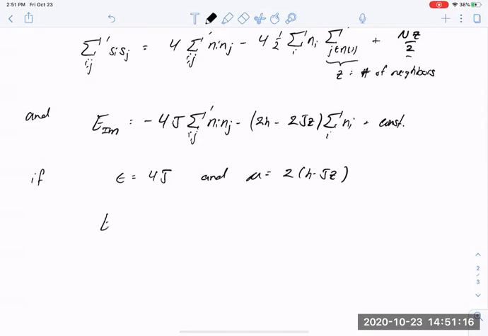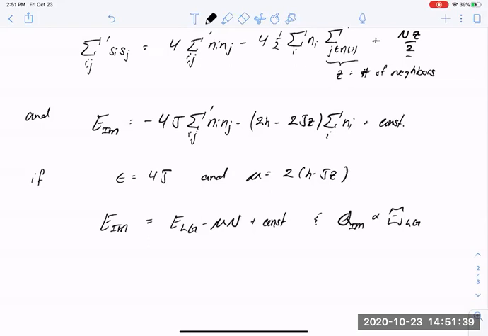The energy of the Ising model is equal to the energy of the lattice gas minus mu n, up to a constant, and thus the partition function for the Ising model is proportional to the partition function of the lattice gas.